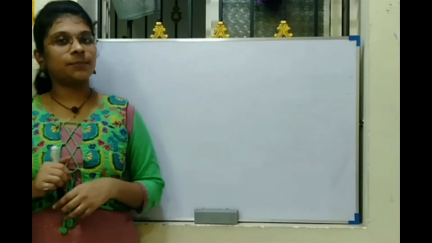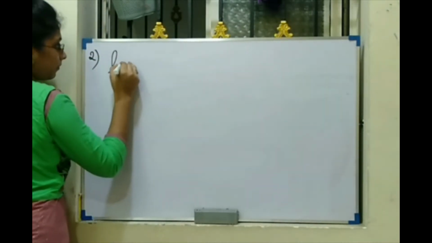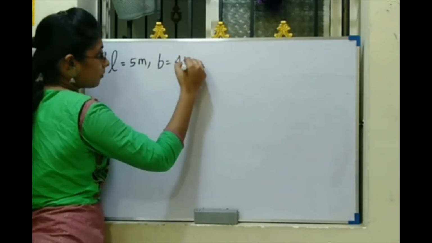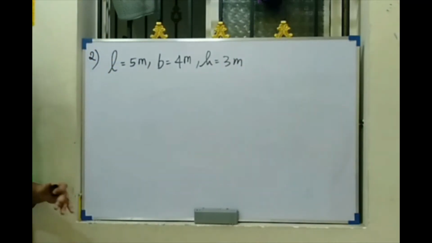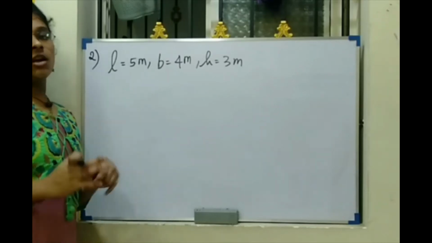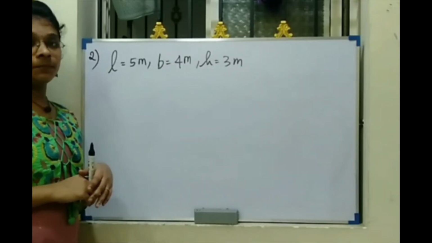So let's move into the sum. Here my length is 5 meter, my breadth is 4 meter and my height is 3 meter. Now, what is the formula for total surface area?